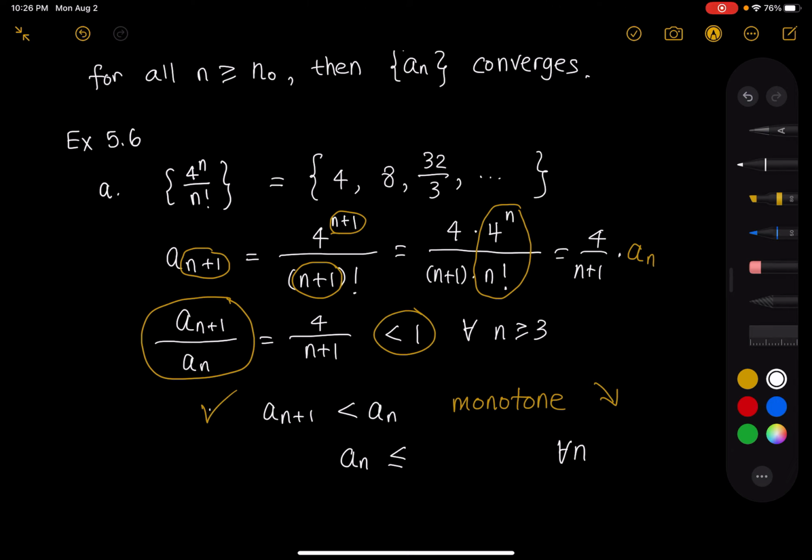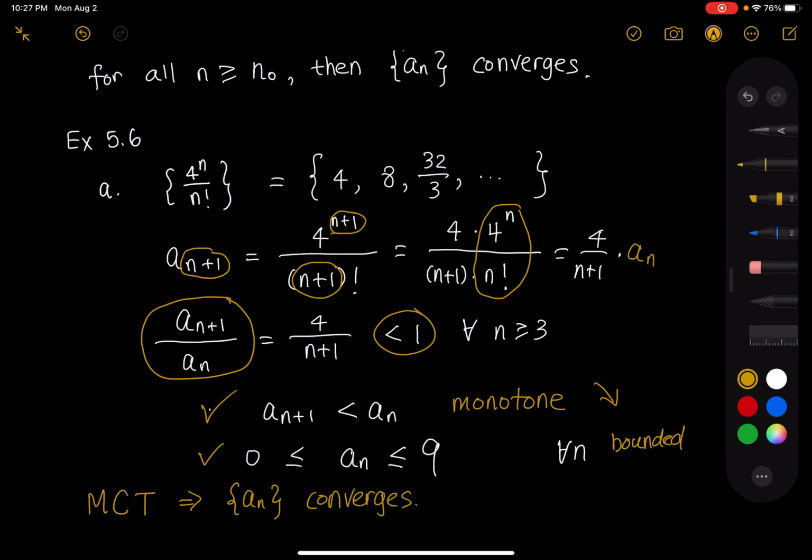That's 8, so it's always less than 9. And it's at least 0, right? So it's bounded. We have both conditions checked, so the monotone convergence theorem guarantees that this sequence a_n converges.